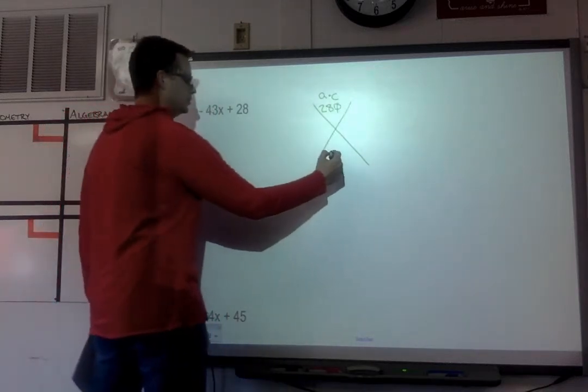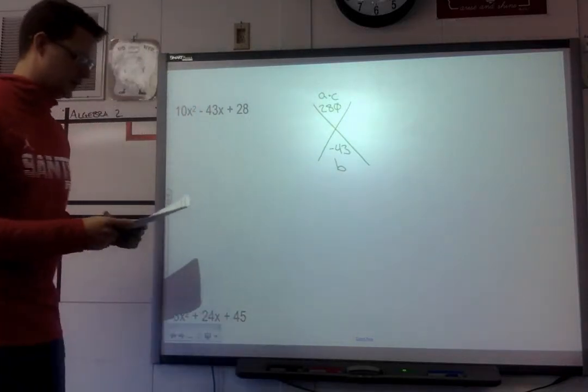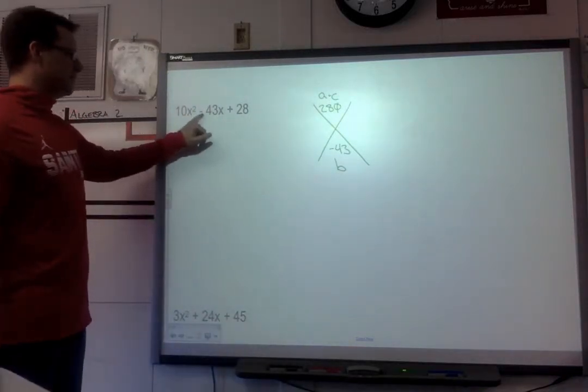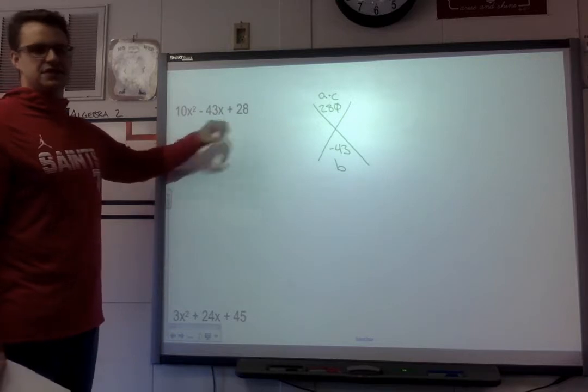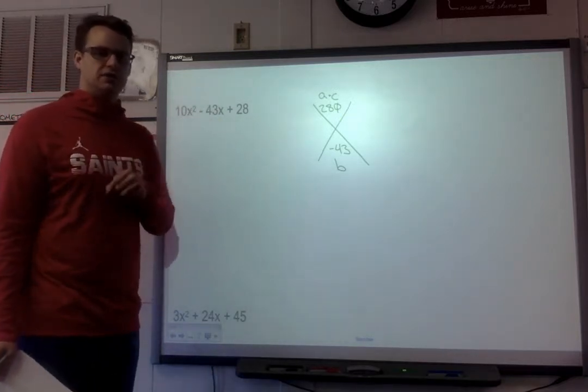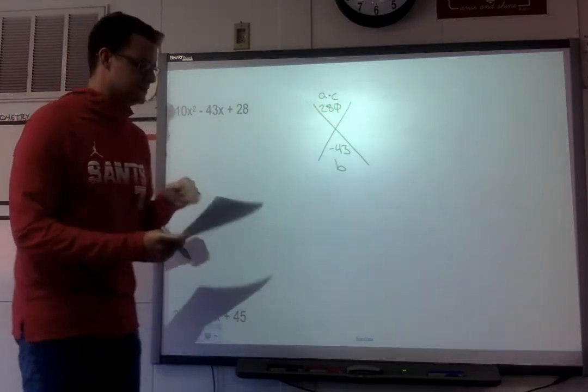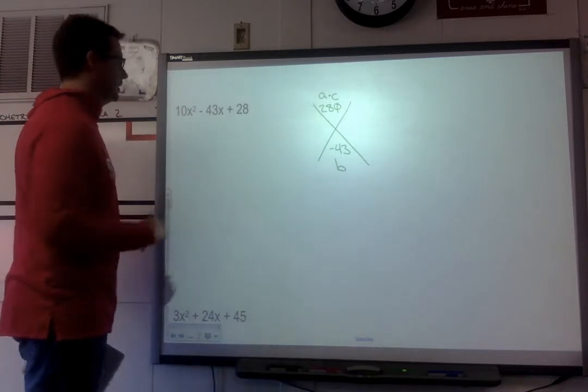In the bottom, we have our b value, which is negative 43. So since our b value is negative and our c is positive, we know that our two numbers that we come up with are both going to be negative numbers because they have to multiply to a positive and add to a negative.